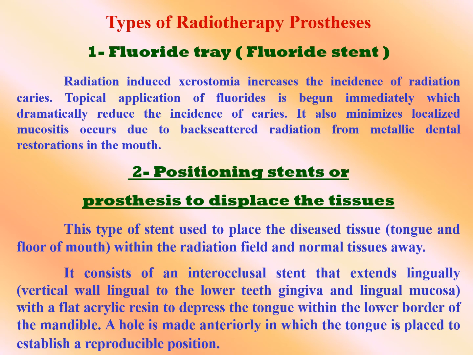It consists of an interocclusal stent that extends lingually, with a vertical wall lingual to the lower teeth, gingiva, and lingual mucosa, with a flat acrylic resin to depress the tongue within the lower border of the mandible. A hole is made anteriorly in which the tongue is placed to establish a reproducible position.